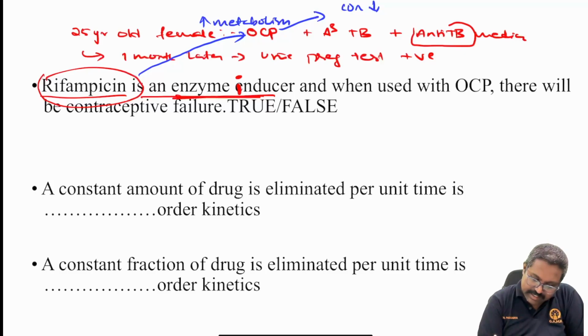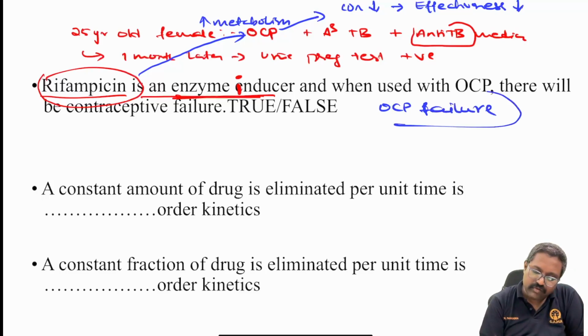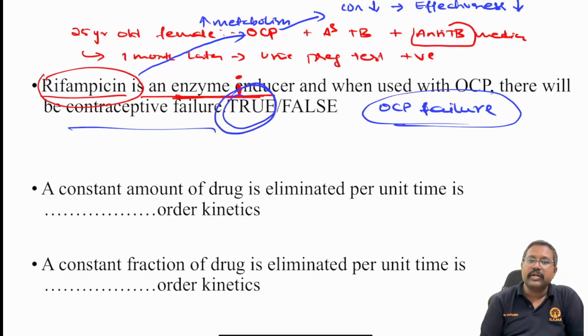If the concentration of the OC pill decreases, what happens to the effectiveness? Its effectiveness will reduce. So there will be oral contraceptive failure. Whether the statement is correct? Yes, this is the true statement.